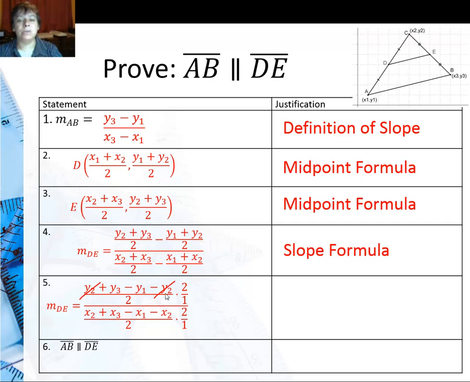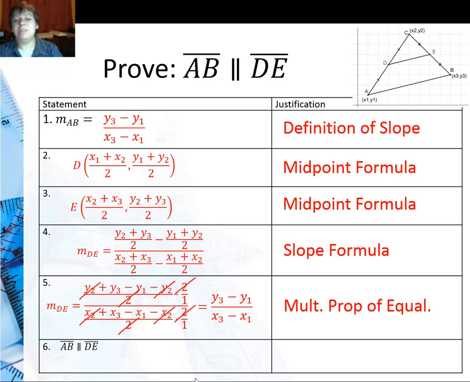So I have y2 and minus y2, so those two cancel out. Same thing with x2 and minus x2. The reason I put in this 2 over 1 is so I could cancel out or simplify those 2's. When everything's said and done, I end up with just that, which means the slope of DE is y3 minus y1 over x3 minus x1 after I simplify everything.